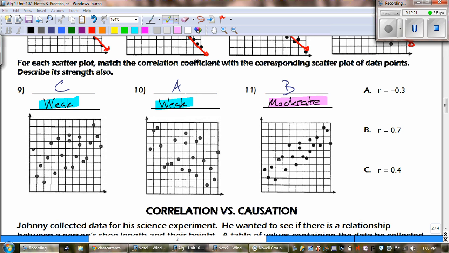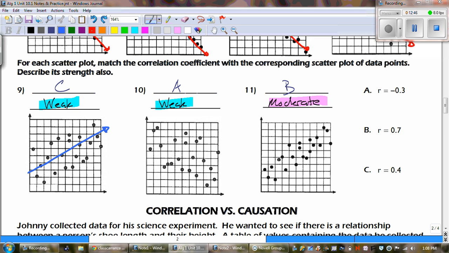Okay, and there you go. So for number 9, we know that it is positive because it's going up, but it's weak. Okay, so out of these 3, which one was positive and weak? C, 0.4. Okay.